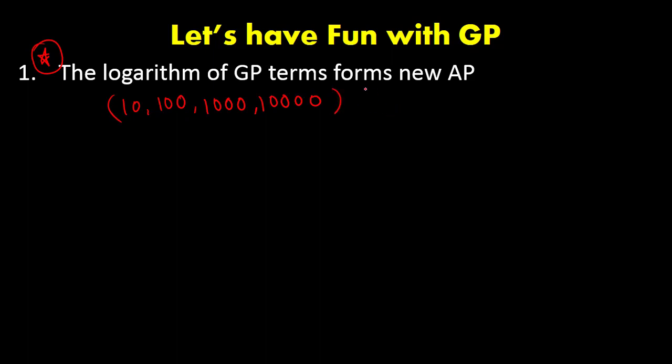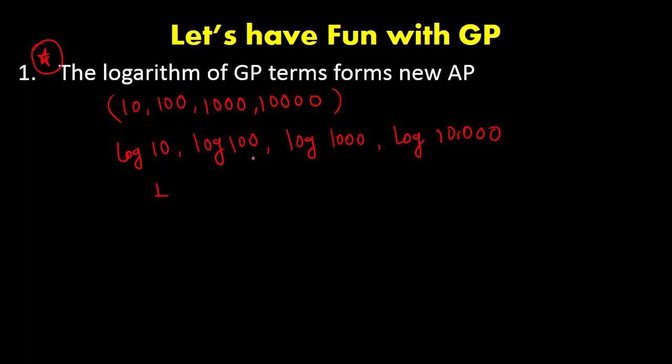Then logs of these terms means log of 10, log of 100, log of 1000 and log of 10,000. Log 10 is 1, log 100 is 2, log 1000 is 3, log 10,000 is 4. See what I am getting here, 1, 2, 3, 4 means what?